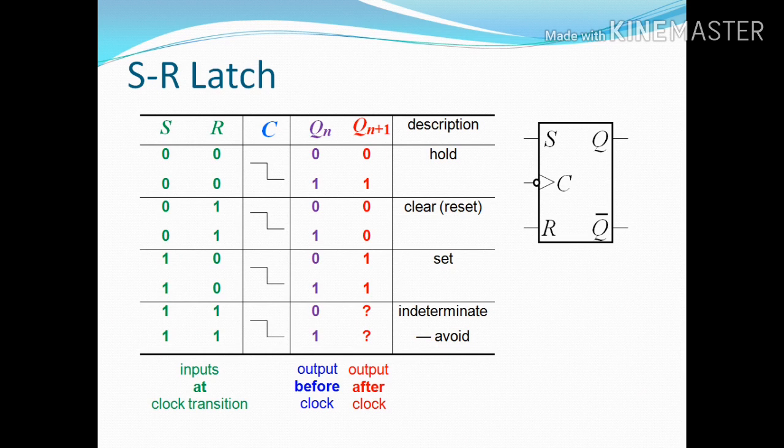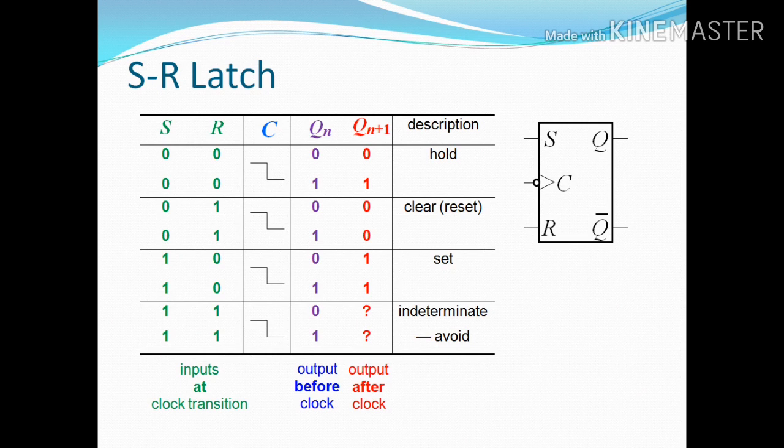Now I tell you once more the SR latch details. When the clock pulse comes from 1 to 0, what will be the resultant output? Here if S and R are both 0, it depends on Qn, that is the previous output, so it is called hold.